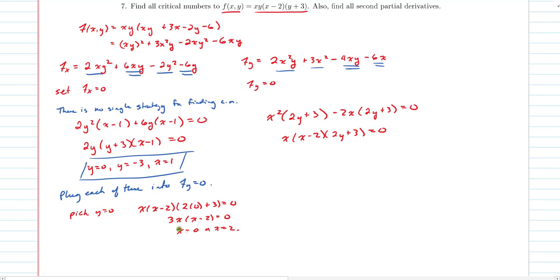So y has to be 0 for the first equation to be 0, but if y is 0, then that would force x to be 0 or x to be 2 in the second equation, and so then we would get these two critical numbers, (0, 0) and (2, 0). Those are critical numbers. So let's just put "therefore."